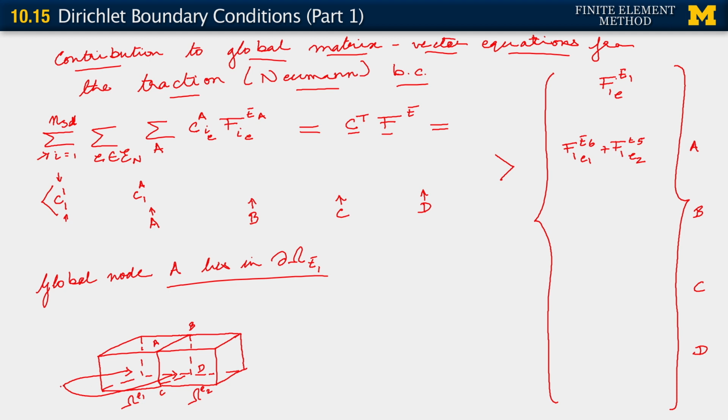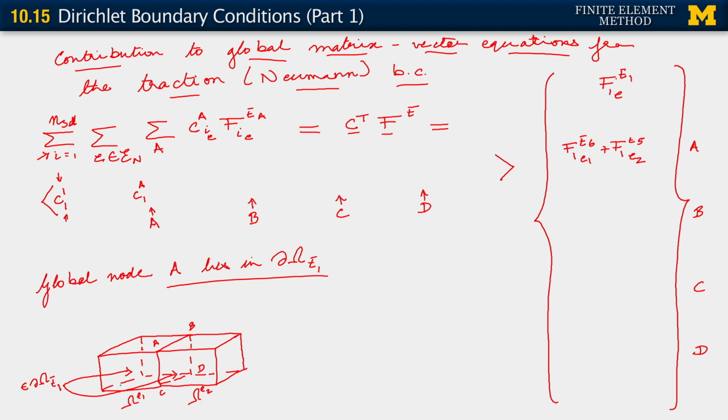Okay, both those surfaces I'm saying belong to partial omega t bar 1. And then in terms of local numbering, let me identify the surfaces I'm speaking of here.